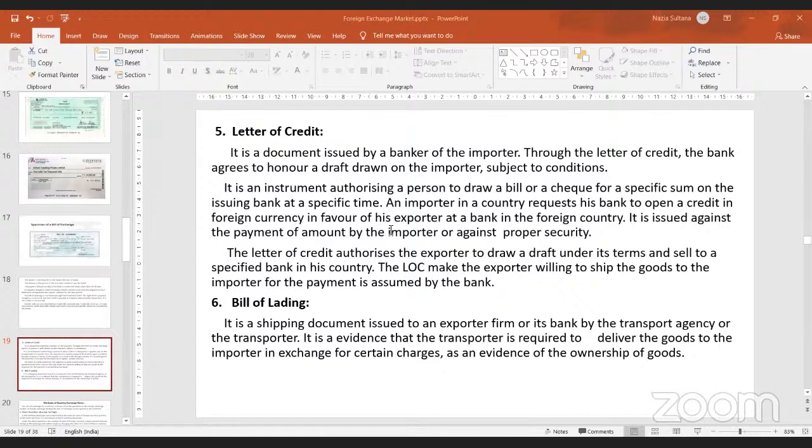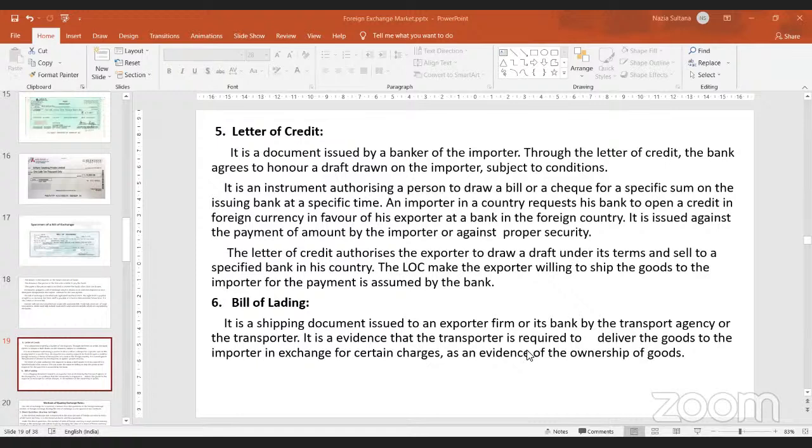So your bank will do a transfer to their bank, and he can show the letter of credit which is being issued to you, and you transfer it to him, and that person will be authorized through your letter of credit to take money from their bank. So that way, the importer's bank is giving a letter of credit to the importer, and the importer is authorizing the exporter through the letter of credit so that the exporter can draw money from his bank. I'm sure you're understanding the arrangement here.